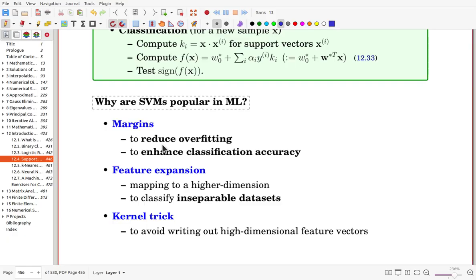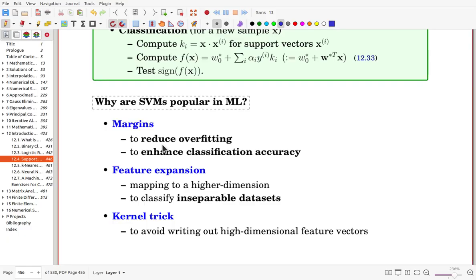Later, in the third part, we'll consider the nonlinear expansion of the support vector machine, that is, feature expansion. The feature expansion maps the points into a high-dimensional space, and there we can classify some inseparable data sets.